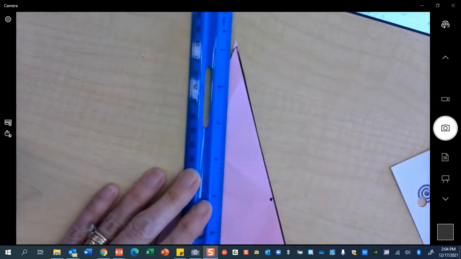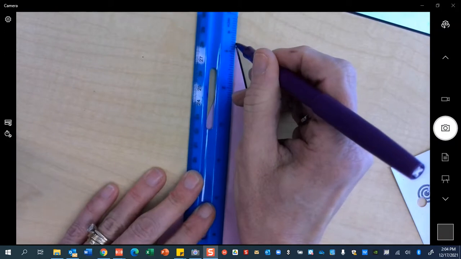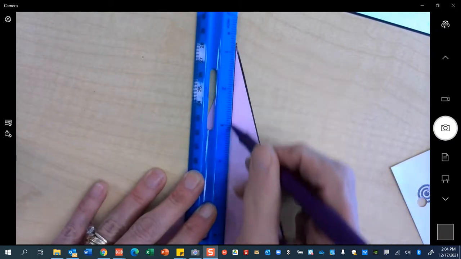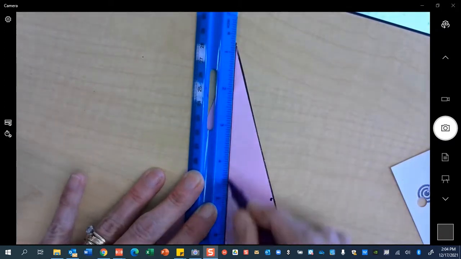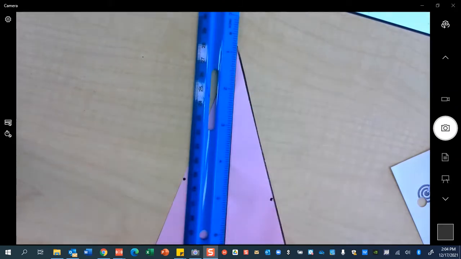And then here's the tricky part. You're going to get your straight edge and you're going to connect vertex opposite to pinch point.